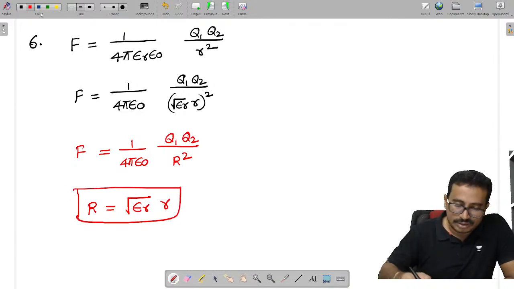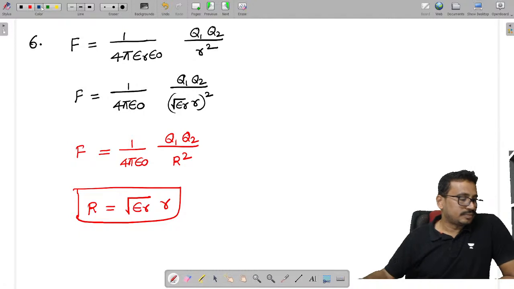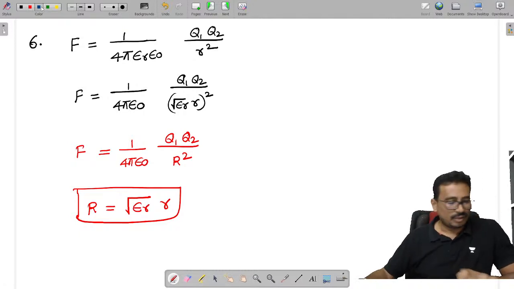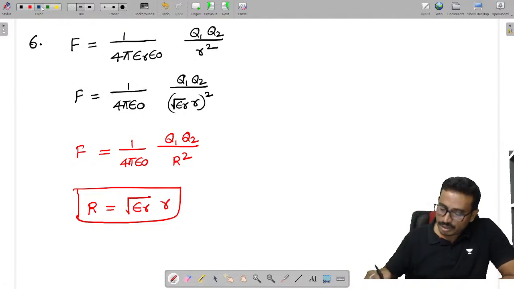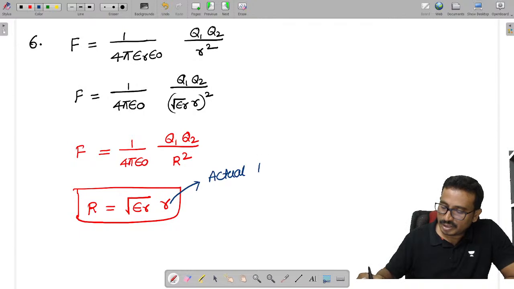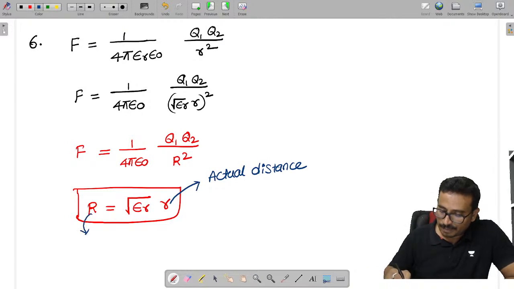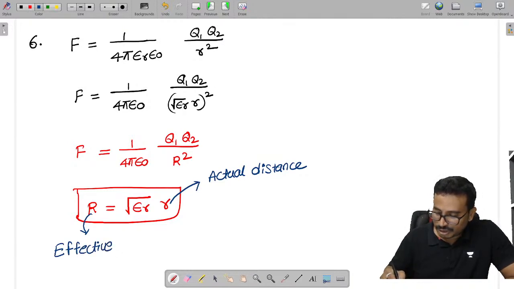Did you understand what I did? Here small r is the actual distance between the two charges, and capital R I am calling the effective distance.